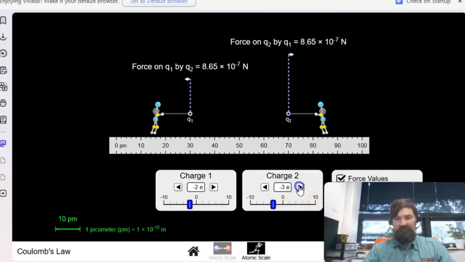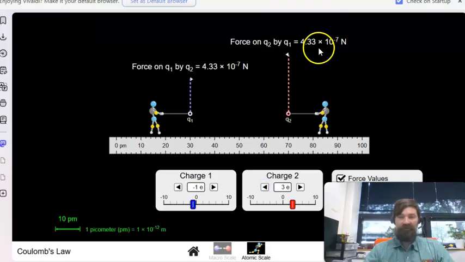So if I go back to the original settings here, I end up with -2 plus 4. That is a total charge of the system of +2. So if I reduce this by 1, I also need to increase this by 1 to keep it +2. And I see that when I've done that, this seems to have changed.